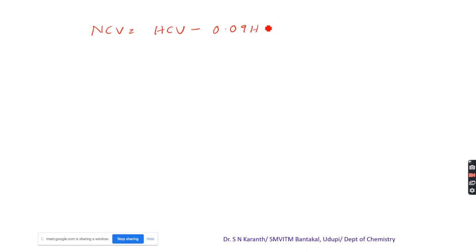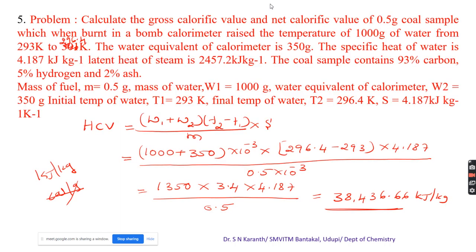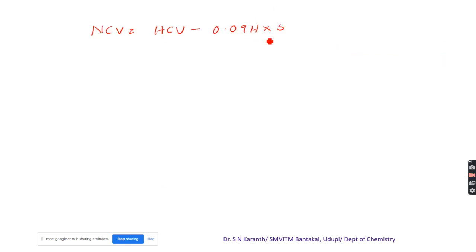into 587, or you can take the value they directly gave, 2457.2. I'll take the same one, 2457.2, that is the latent heat of steam.